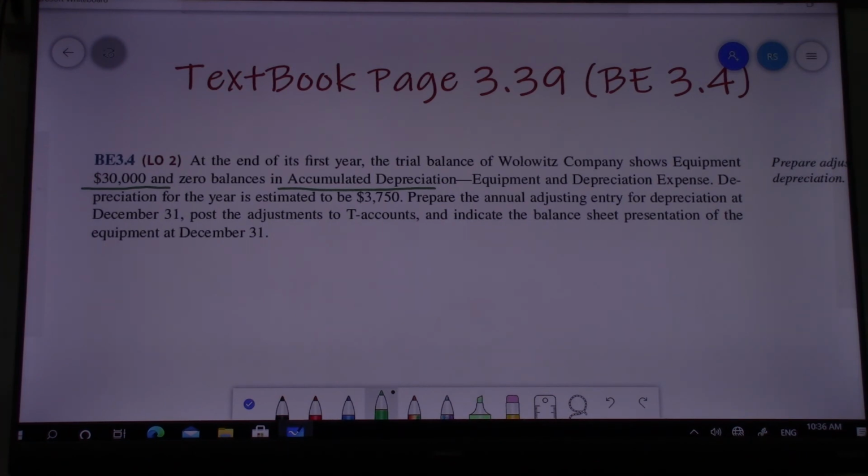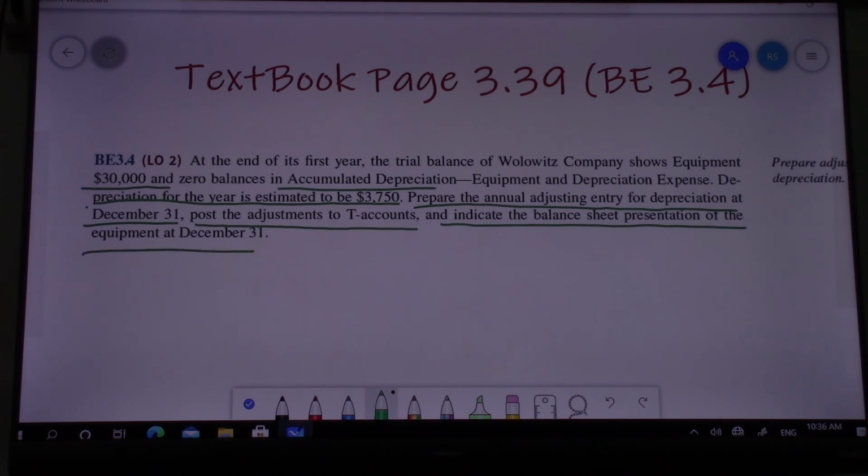And depreciation expense for the year is estimated to be $3,750. So the annual depreciation for this equipment is $3,750. Prepare the annual adjusting entry for depreciation at December 31st. Then post the adjustment to T accounts and indicate the balance sheet presentation of the equipment at December 31st.